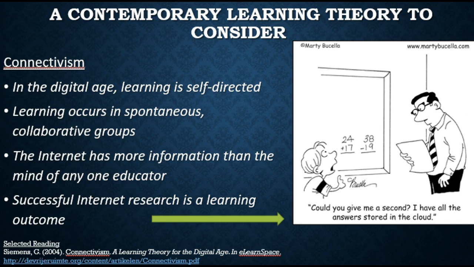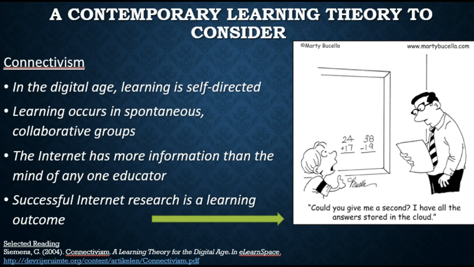So as I'm sure your mind is thinking, and we'll get there, the whole concept of a professor in the ivory tower and the mind of the professor holding all of the knowledge, and that knowledge being imparted verbally to the student cohort, is changing. The internet contains more information than any single mind. And especially in our online learning environment, what we really are trying to do is train our students to be able to use the internet to their maximum capacity.